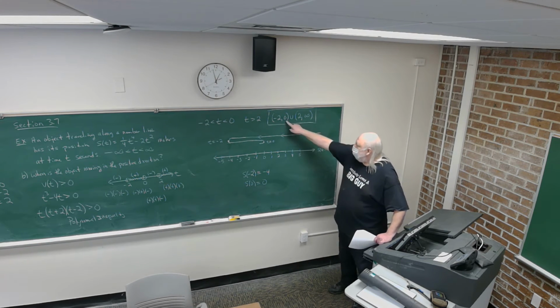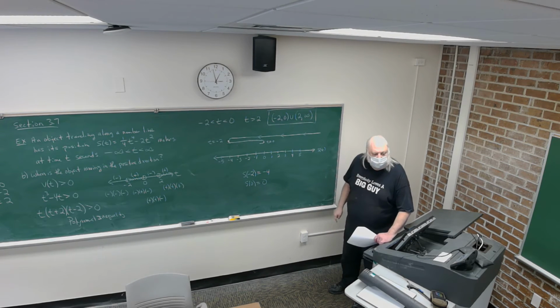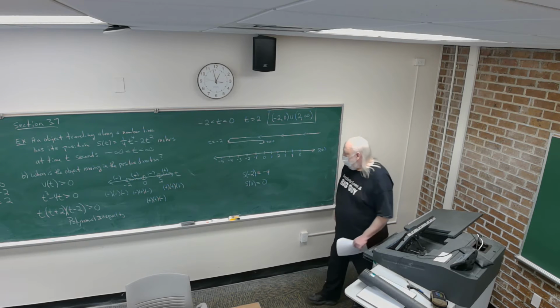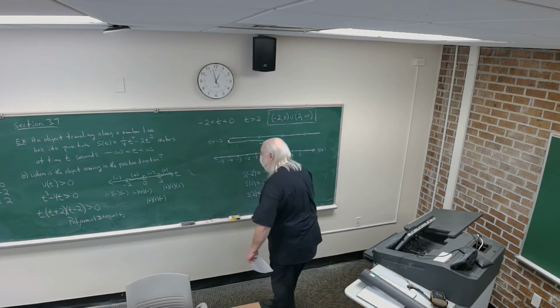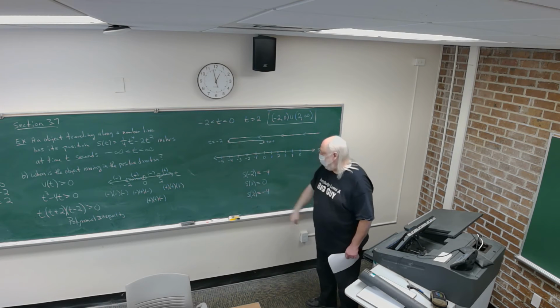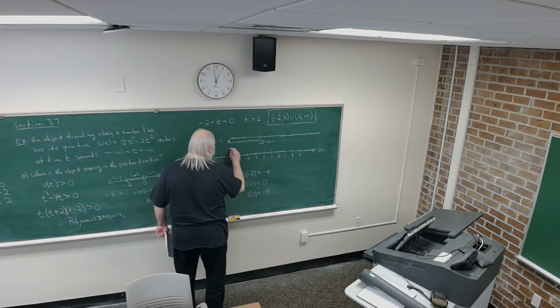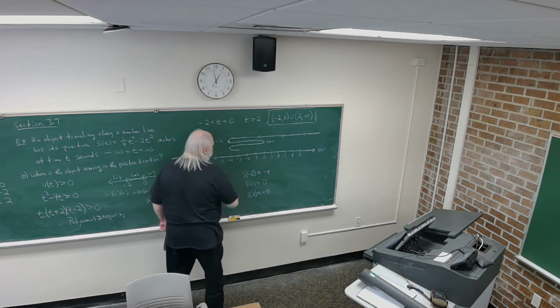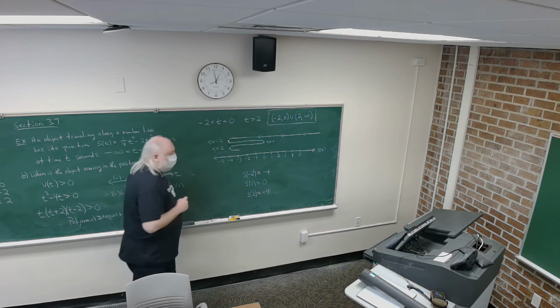But then from t equals 0 to 2, the object is moving to the left again. And where was the object located at t equals 2? It was at -4 on the number line. So that's t equals 2.